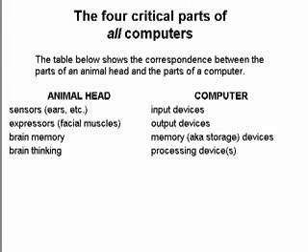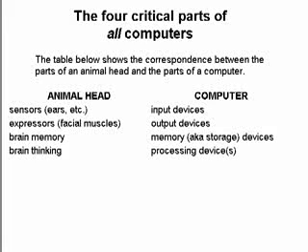The 4 critical parts of all computers. The table below shows the correspondence between the parts of an animal head and the parts of a computer. In the animal head, we have sensors, the ears, and so on, whereas in the computer, we call the corresponding machinery input devices. The animal head has expressors like its facial muscles.